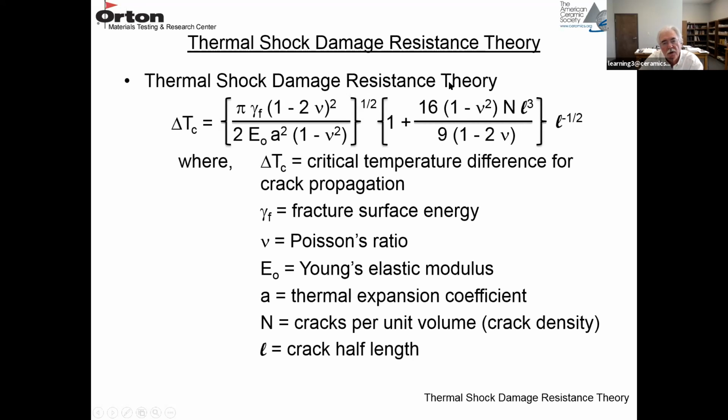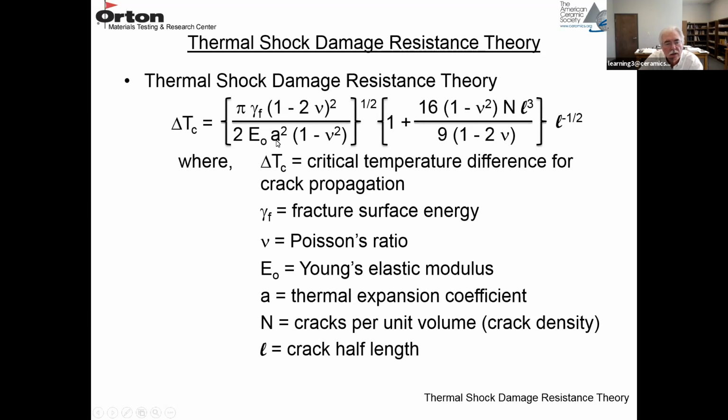So in this approach, the thermal shock damage resistance theory, the delta T critical, the critical temperature difference for a crack to grow or propagate, is given by this equation here. Gamma_F is a fracture surface energy. We now have a fracture surface energy term. There's a Poisson effect. E_0 is Young's elastic modulus.